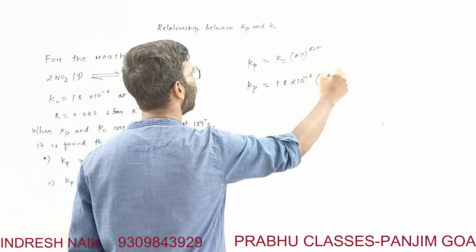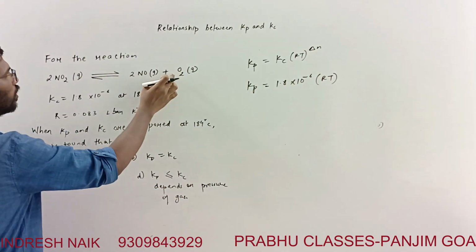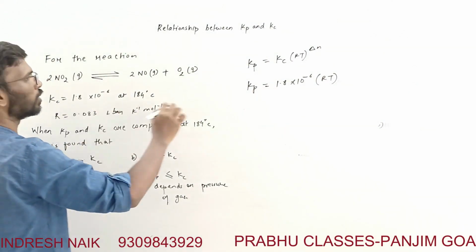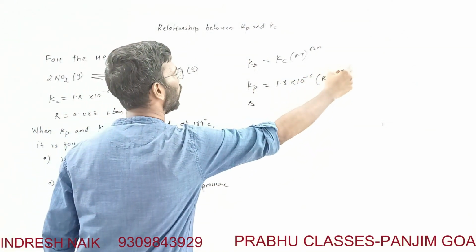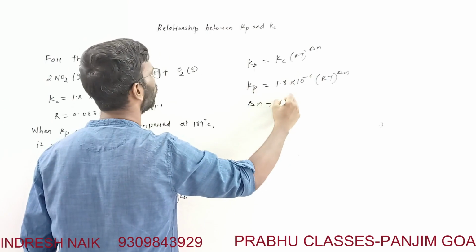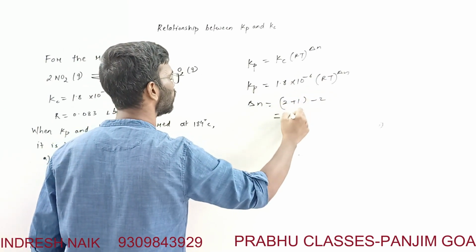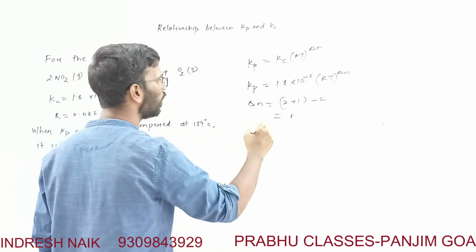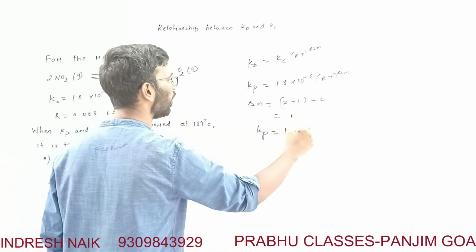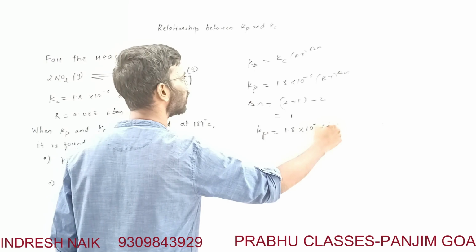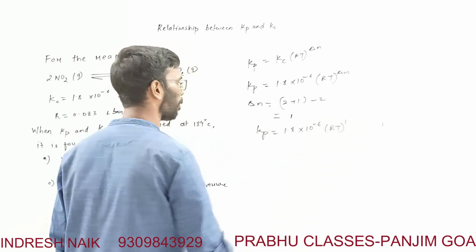And what is delta n over here? This is gas, this is gas, this is also gas. So delta n over here is equal to 2 plus 1 minus 2, so this is equal to 1. Means over here Kp will be equal to 1.8 into 10 raised to minus 6 and RT raised to 1.